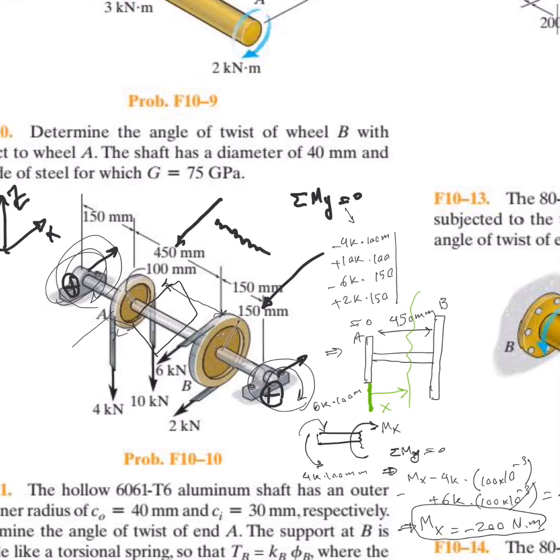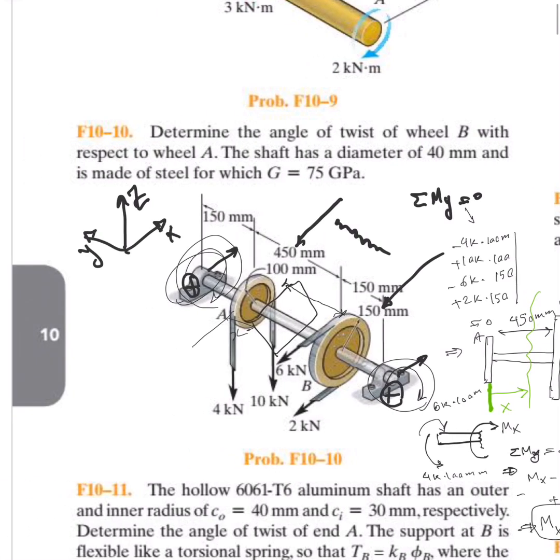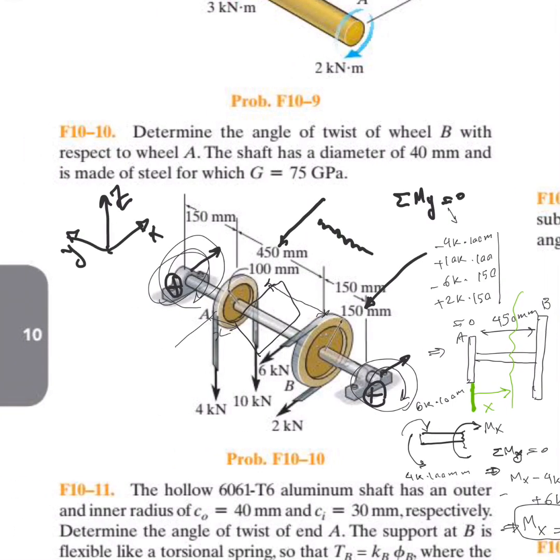Therefore, when I use the equation that I obtained in the class, that phi is equal to TL over GJ, okay?